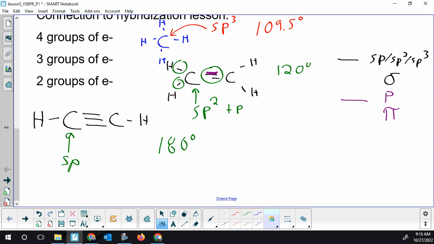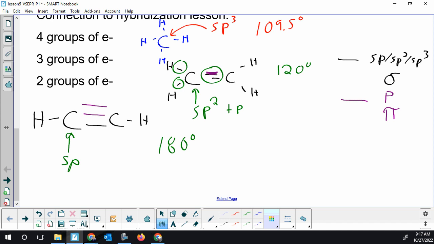The first bond of the triple is a sigma, and the next 2 are pi's. So just color coding these, that's our sigma bond, the first one. One of the leftover p's makes the double, the other leftover p makes the triple.